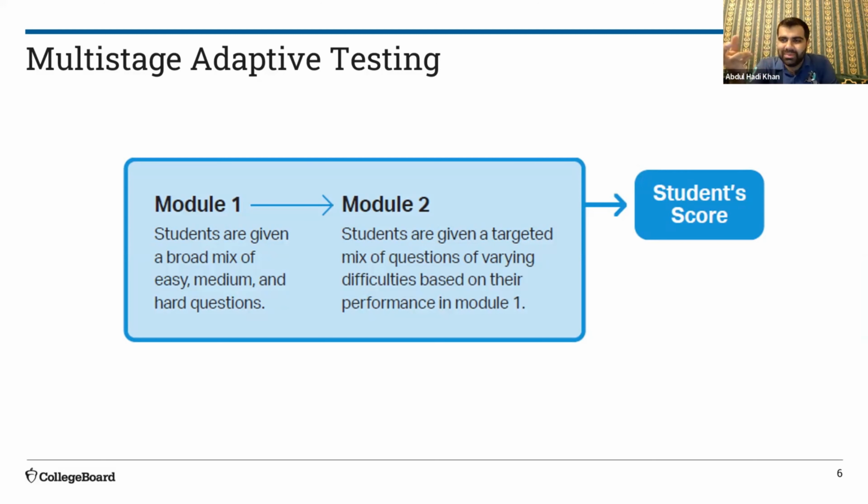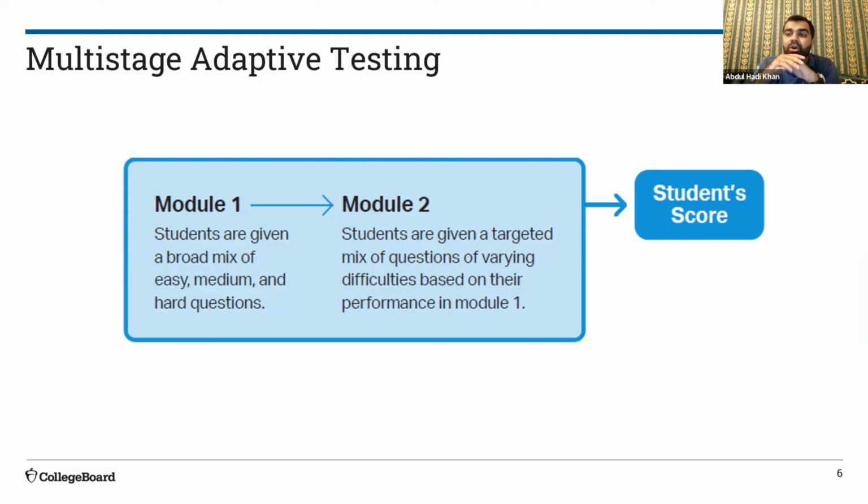Now, some of you might be thinking, what if we intentionally do not do well in module one so that we see easier questions in module two? That would obviously not be of use, because if you do not do well in module one, there'll be a score ceiling on you in module two.